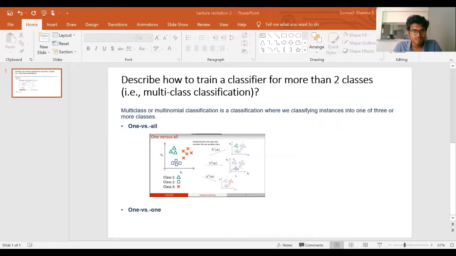Discrete class labels alone can lead to ambiguities where multiple classes are predicted for a single sample. I've shared a screen for that. You can see there are three different classes to be classified.